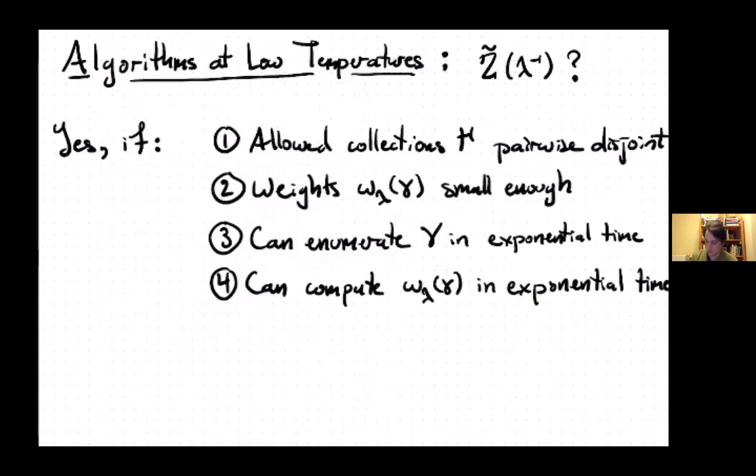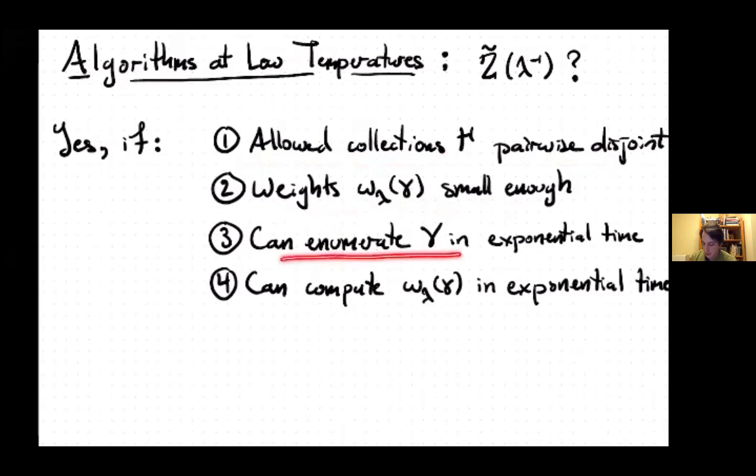And basically, because of what I just said before, we know the answer is yes if we can do the following things. One, we need it to be a polymer model, which means that the allowed collections have to be defined by some pairwise disjointness condition. We need to know that the weights are small enough to have a convergent expansion, so exponentially small in the volume or in the size of the polymers.